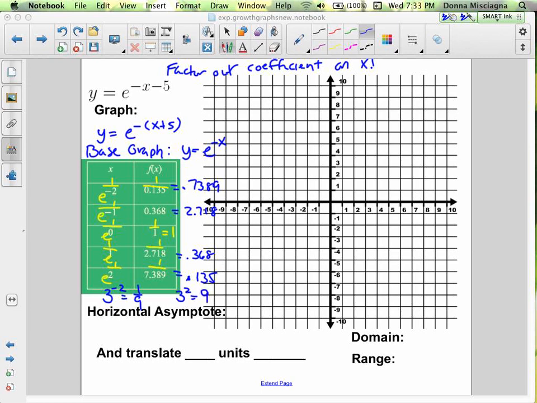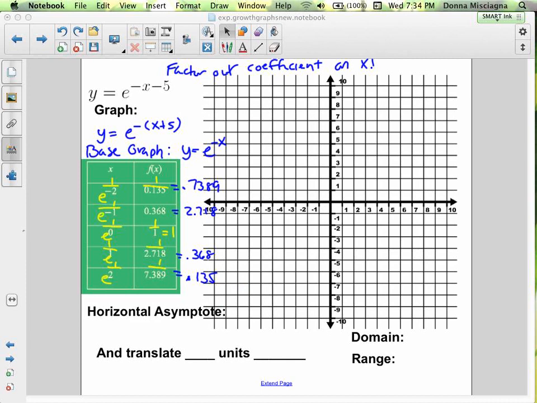But now if I had 1/3 to the negative 2, that one would be 9, and 1/3 squared would be 1/9. It's just a reciprocal. So e to the negative 2 is the same as 1 over e squared.